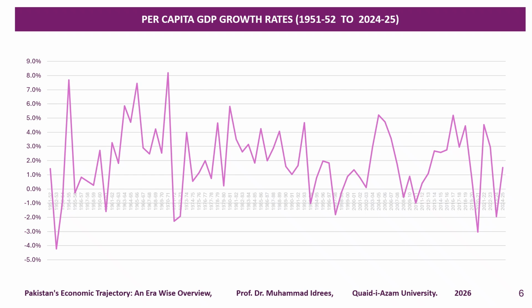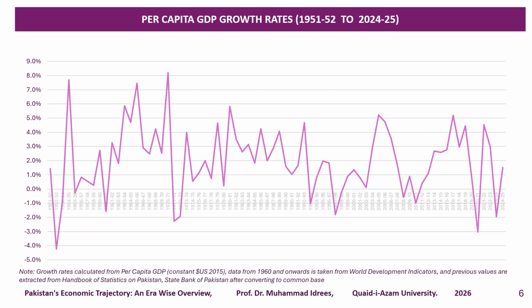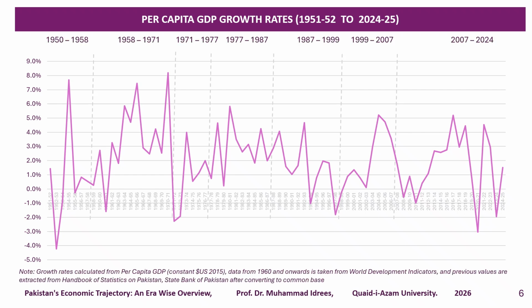In some periods, it was too high, above 5%, and in many other periods, the growth rate in per capita GDP was even negative. Let's compare the average growth rates across different regimes.